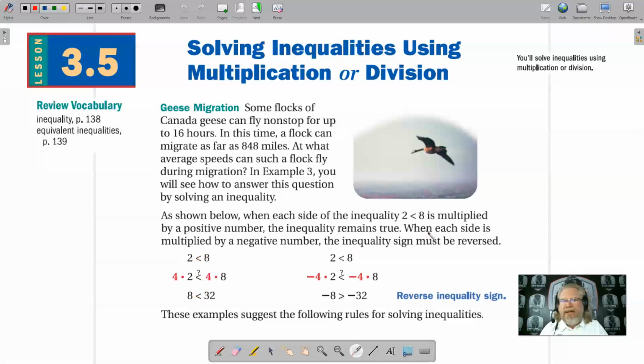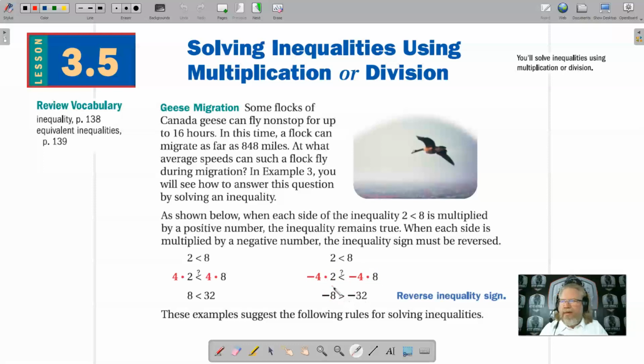However, if we look at the next sentence where we left off reading, when each side is multiplied by a negative number, the inequality sign must be reversed. So we take that same 2 is less than 8, and this time we're going to multiply by negative 4 instead of a positive 4. And we'll see that negative 4 times 2 is negative 8, whereas negative 4 times 8 is negative 32.